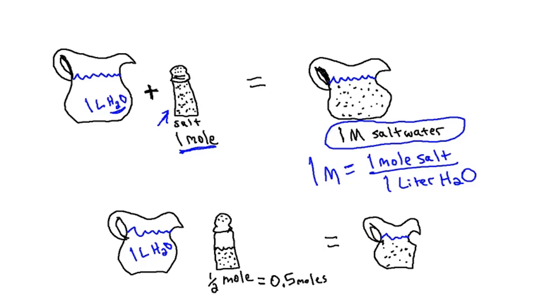So that is going to equal 0.5 molarity, because you have 0.5 moles of salt still in 1 liter of water. The liter didn't change. We still have the same amount of water. What changed is we only put half the amount of salt in. Half is the same as 0.5, so our molarity is going to be 0.5 because there's 0.5 moles of salt in 1 liter of water.